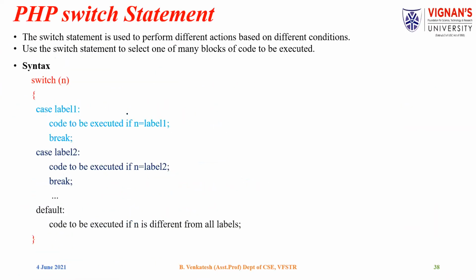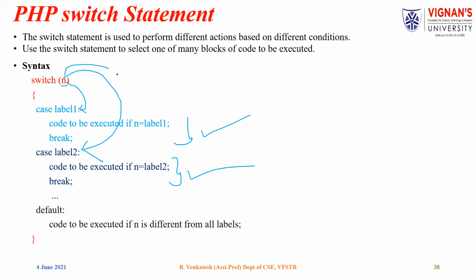Now the switch. You already know the switch. If the variable matches label 1, then that particular block will be executed. Otherwise, if it matches label 2, then that particular code is going to execute.